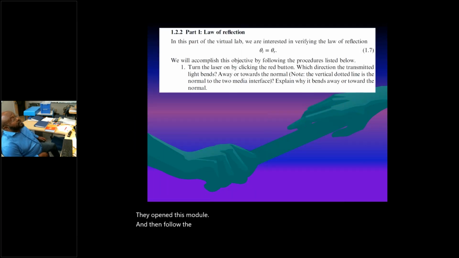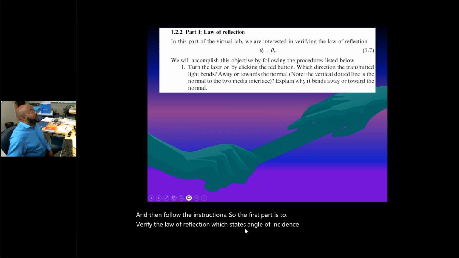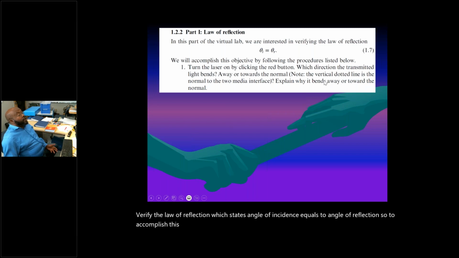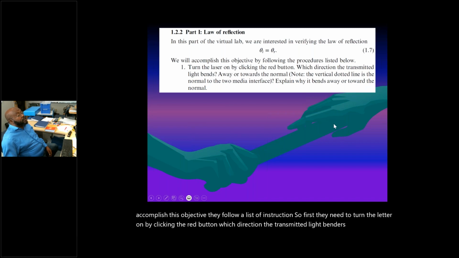So the first part is to verify the law of reflection, which states the angle of incidence equals the angle of reflection. To accomplish this objective, they follow a list of instructions. First, they need to turn the laser on by clicking the red button. In which direction does the transmitted light bend, away from or towards the normal?